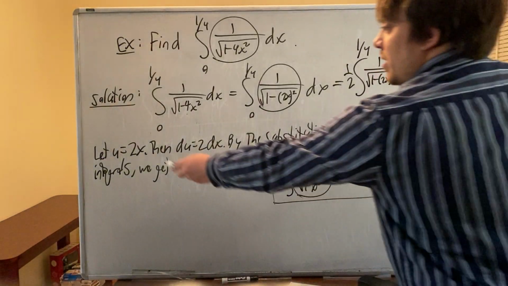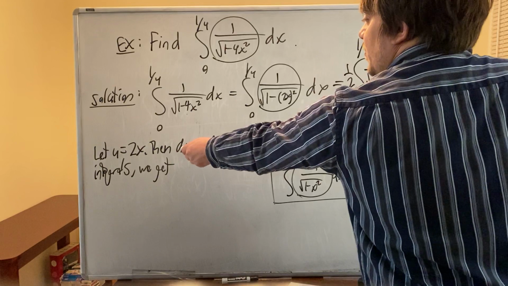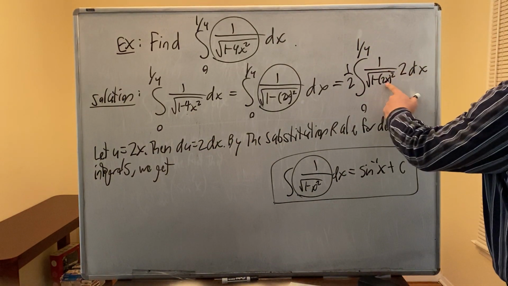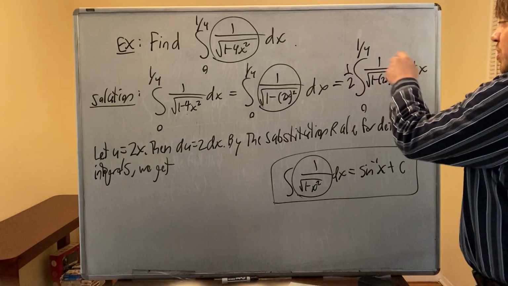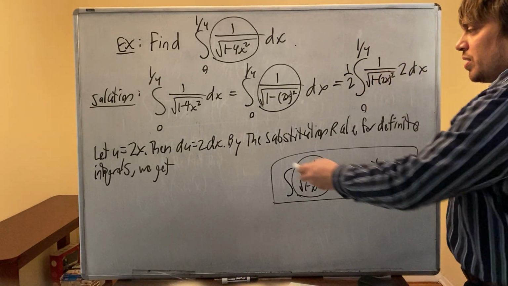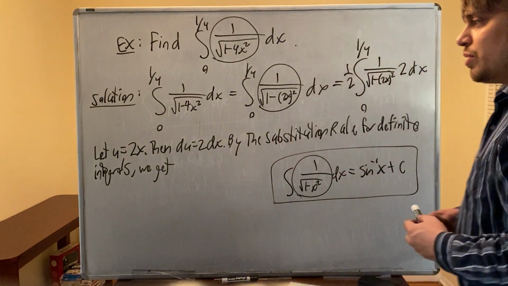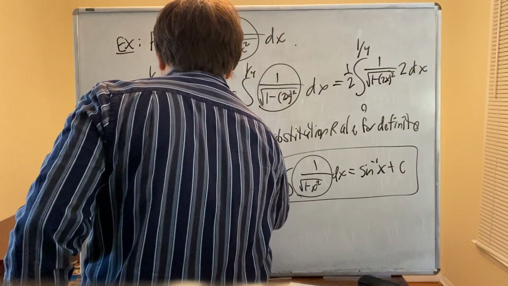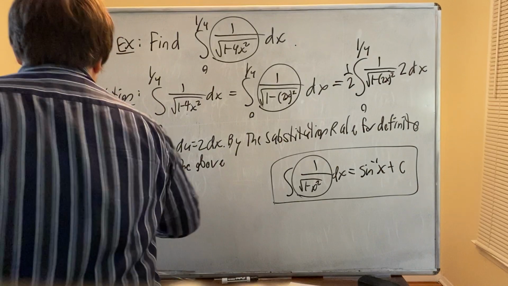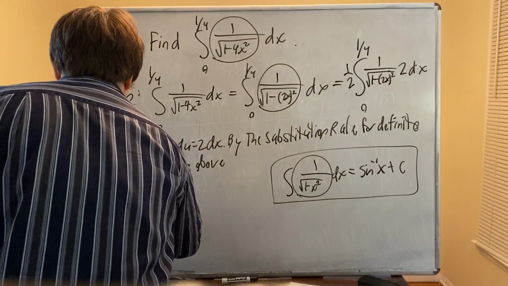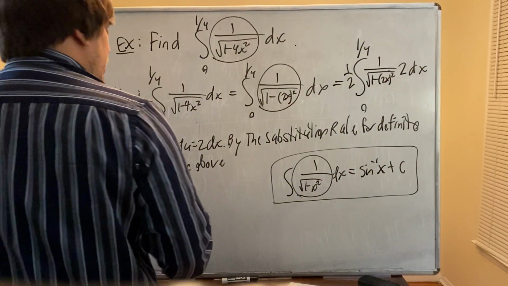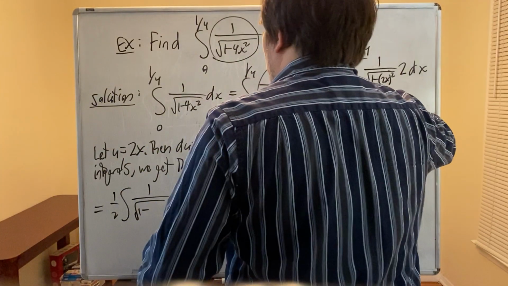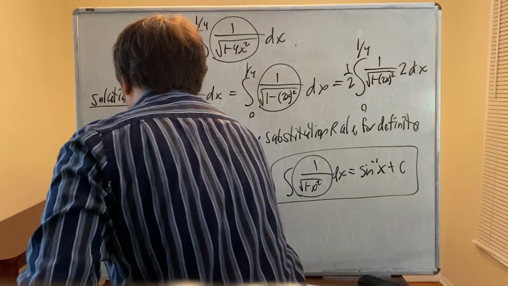So now here, again, I let u equal 2x, then du equals 2 dx. So du is 2 dx, u is 2x, and so now I can substitute everything with x in it for u's. By the substitution rule for definite integrals, we get this equals 1/2 definite integral, I'll do the limits later, 1 over the square root of 1 minus 2x, which is u, squared.